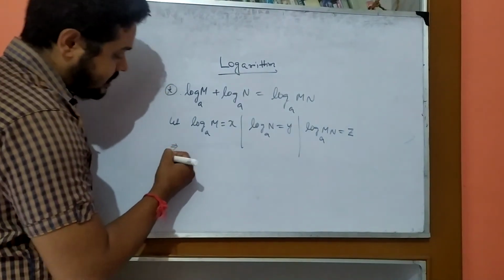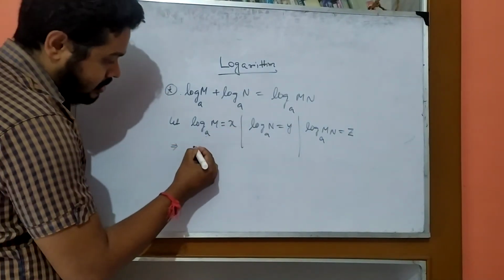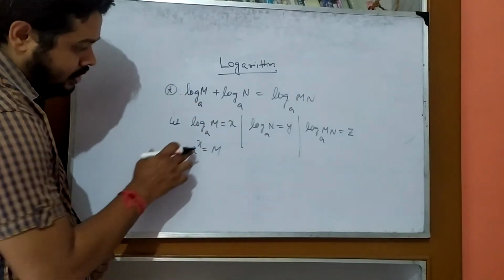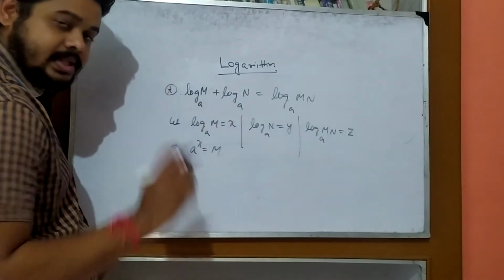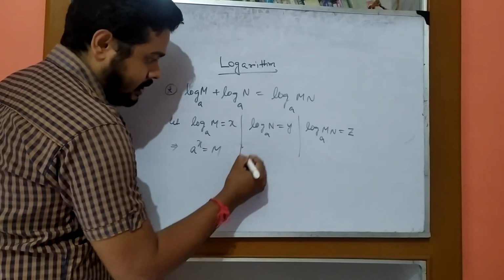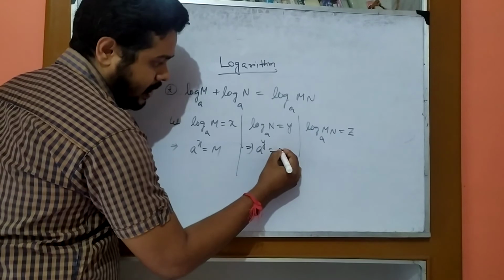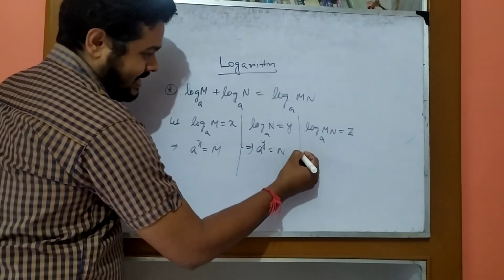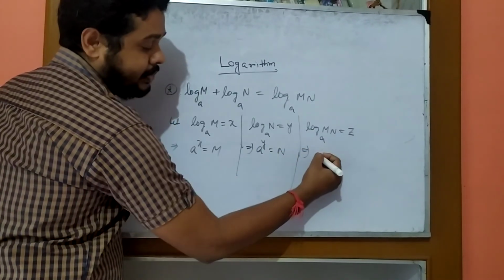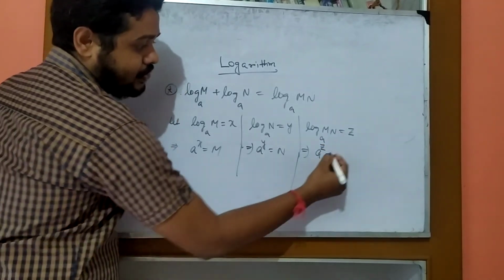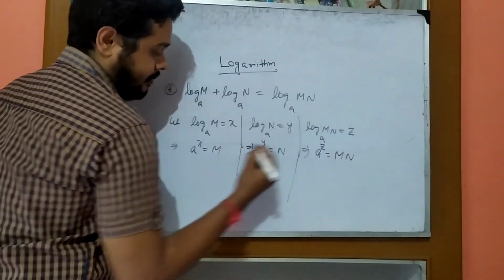Now by the definition of logarithm, what can we write? a to the power x equals m. Am I right? a to the power x equals m, by the definition of logarithm. Similarly, from here we can write a to the power y equals n. Similarly, by the definition of logarithm, a to the power z equals mn.